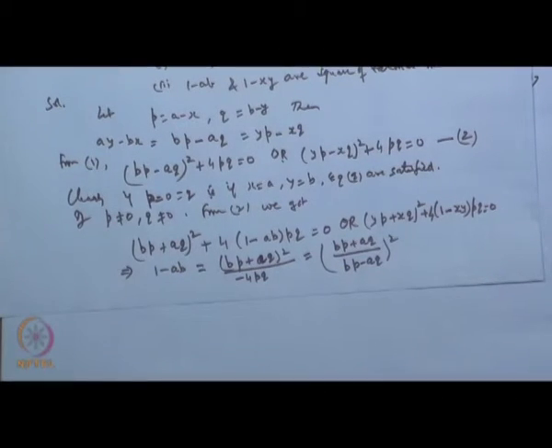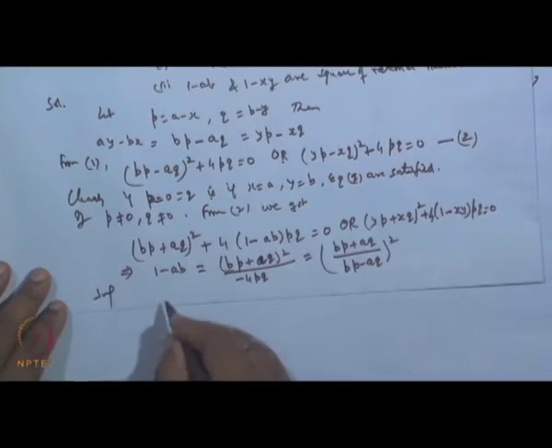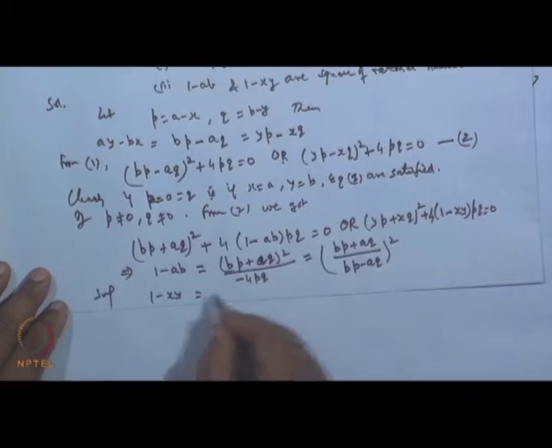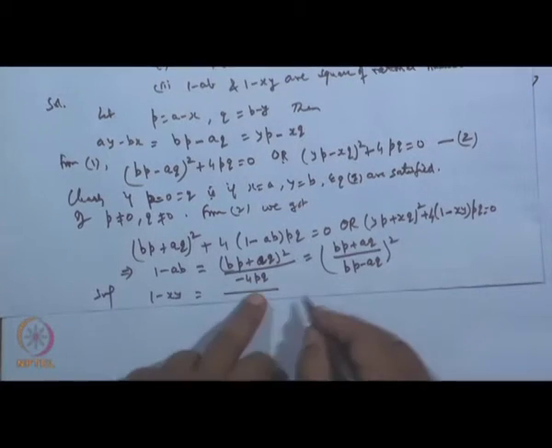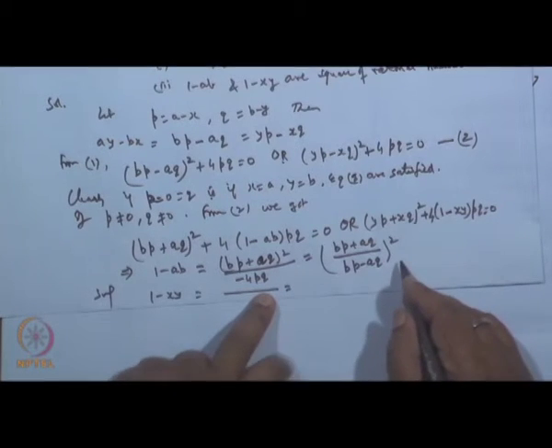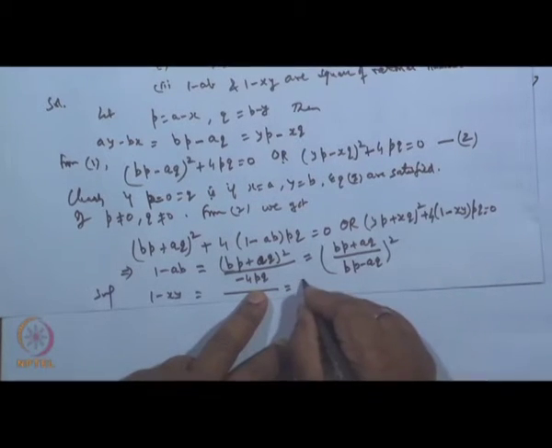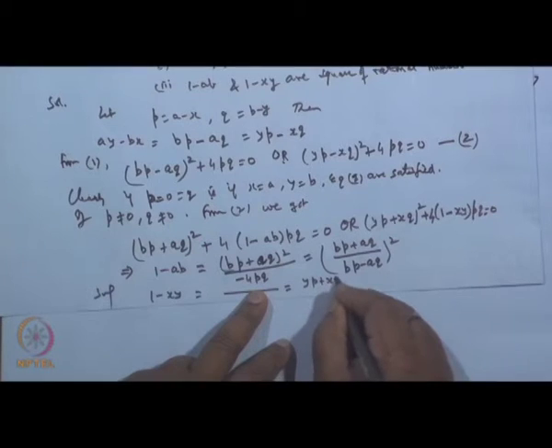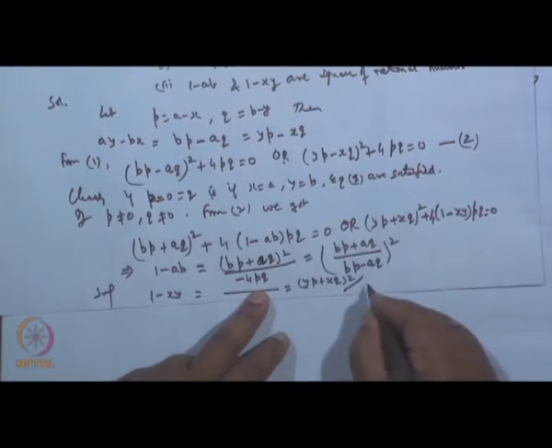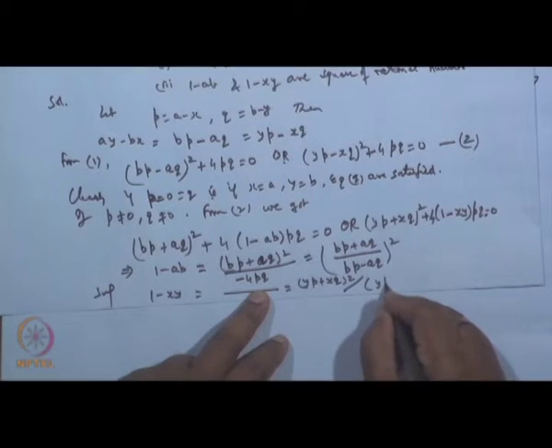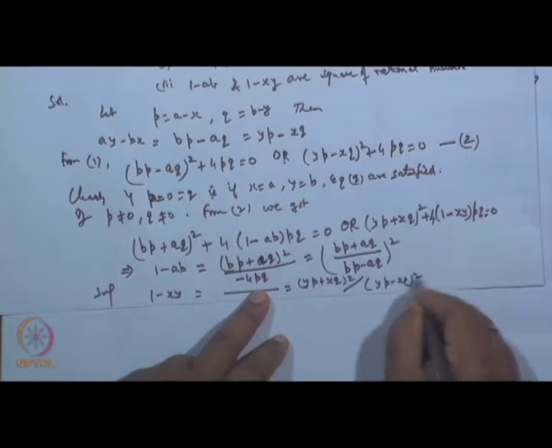Similarly, 1 minus xy we can also write in a similar way, and this will be equal to the square of (yp + xq) divided by the square of (p - xq).